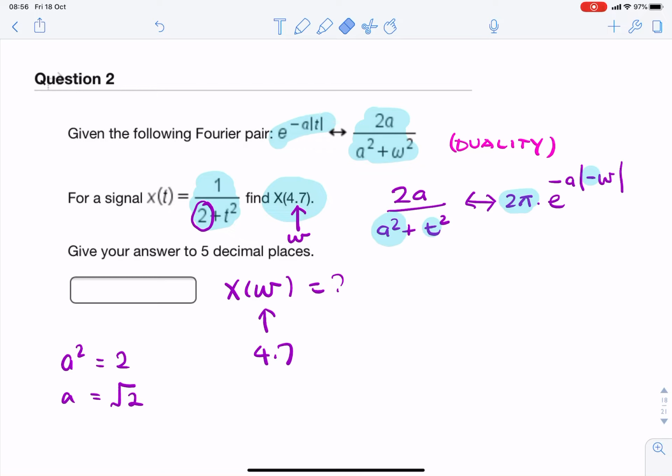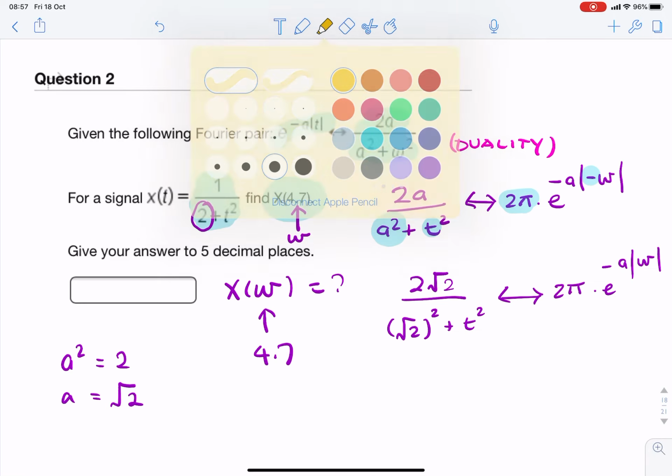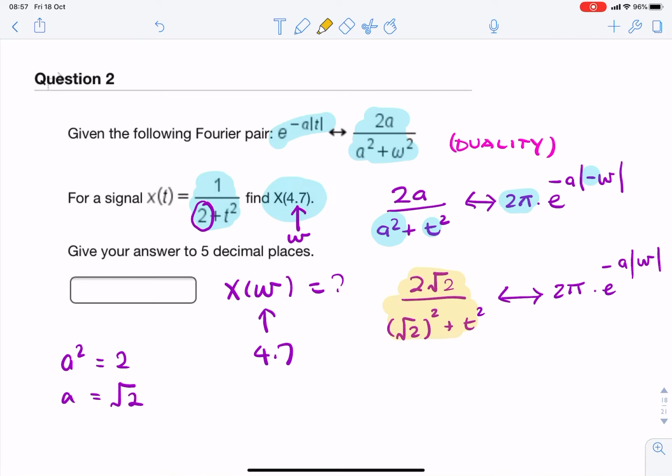So we can rewrite this as 2 times square root of 2 divided by square root of 2 squared plus t squared, and that would correspond in the frequency domain to 2 pi times e to the minus a, and we'll lose the negative sign because of the absolute value.